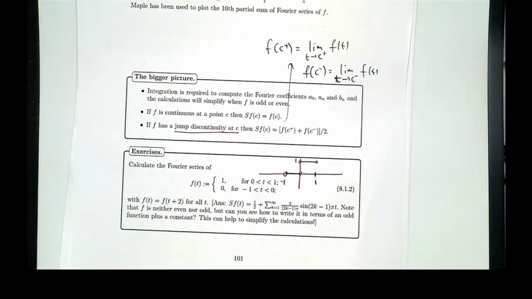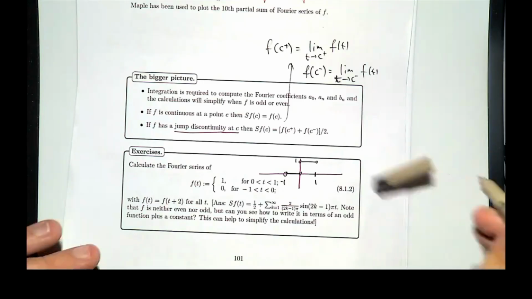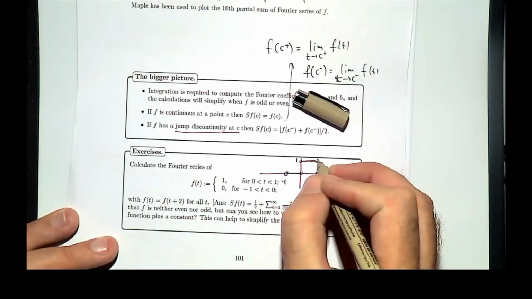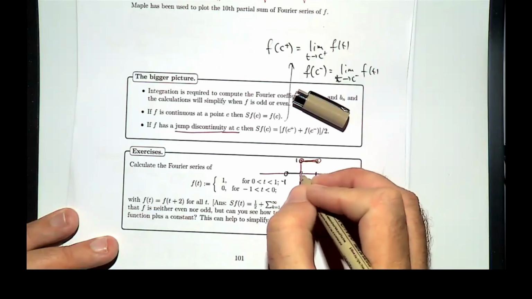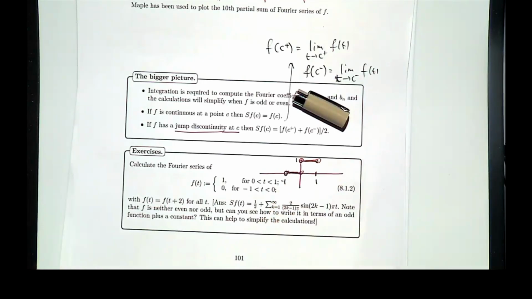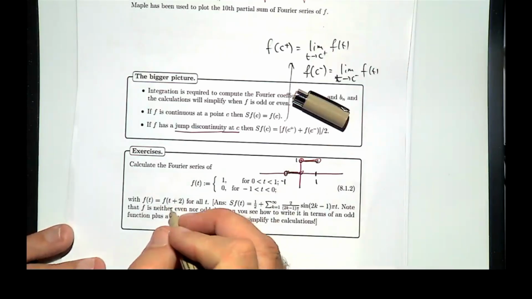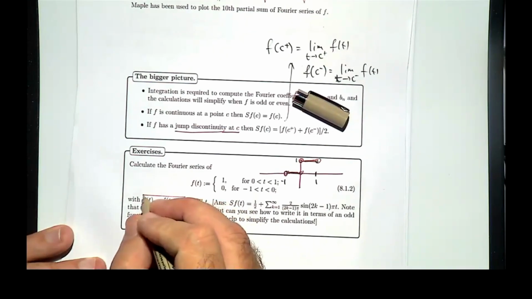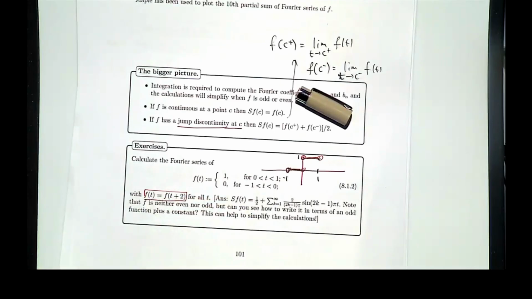It doesn't matter. If you're missing a few points, it doesn't matter. Now, it's periodic. We're told the period is 2. So we would copy what we see in front of us on the graph, we would move and we would paste.